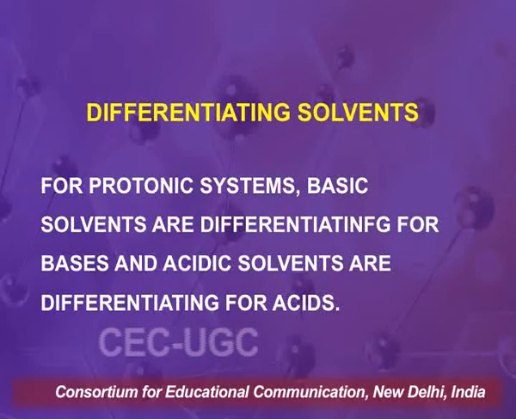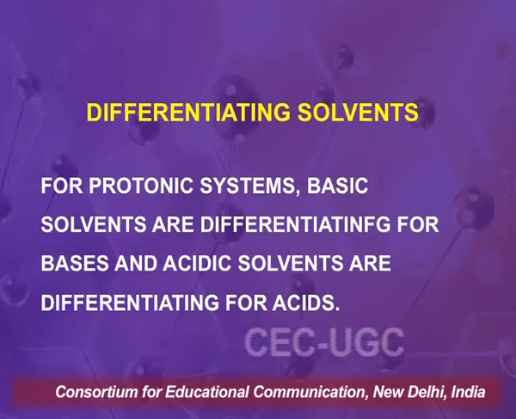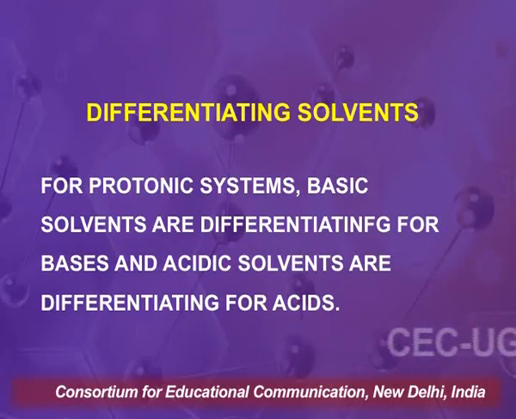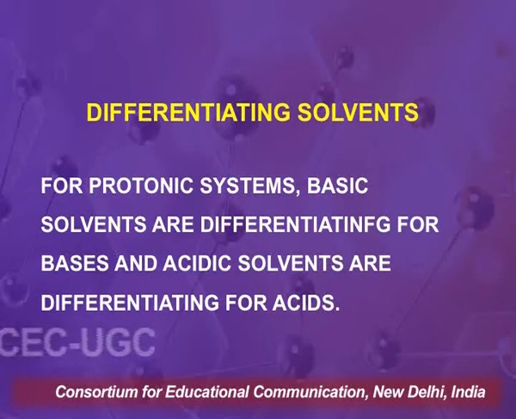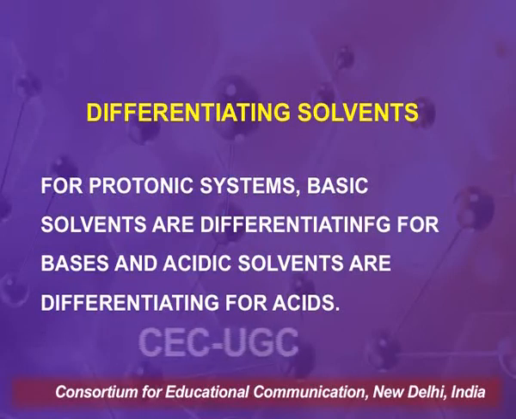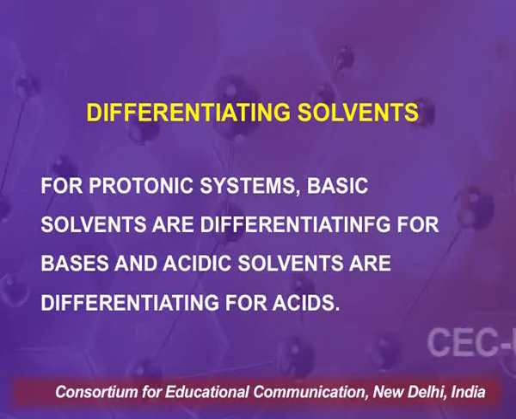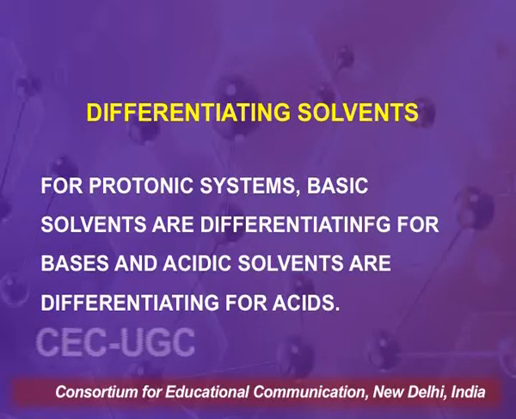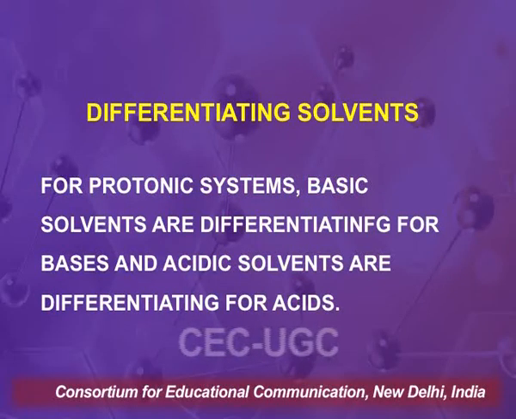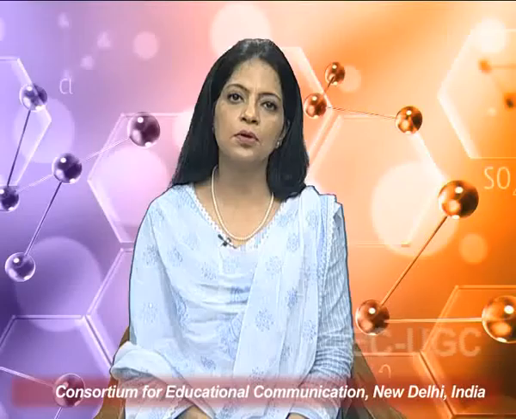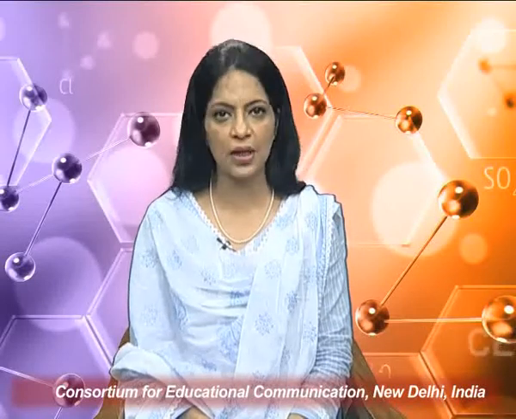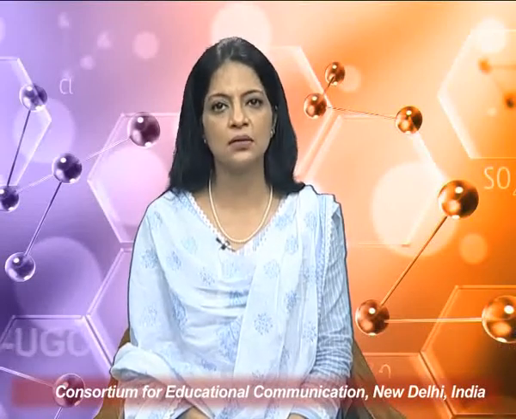For protonic systems, basic solvents are differentiating for bases and acidic solvents are differentiating for acids. And by this statement we mean that basic solvents are able to distinguish between the strength of various bases, and acidic solvents are able to distinguish between the strength of various acids.